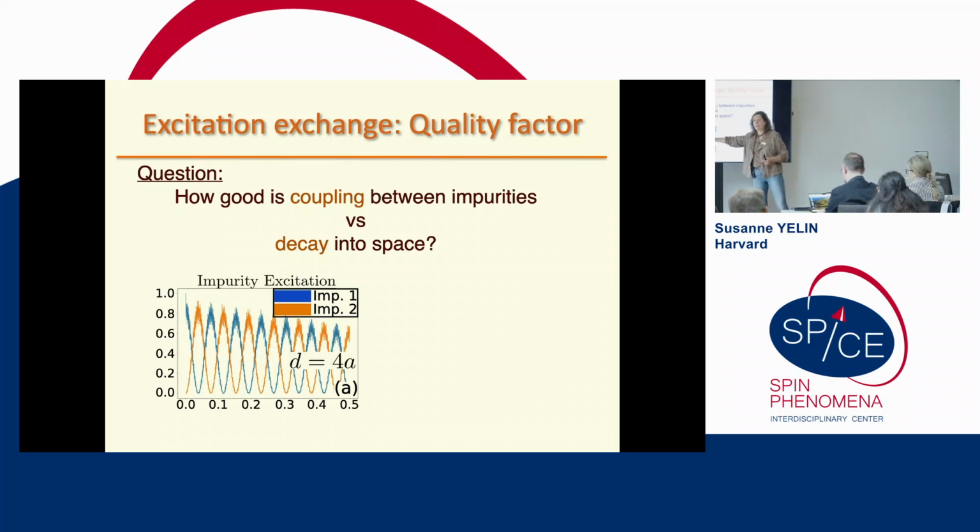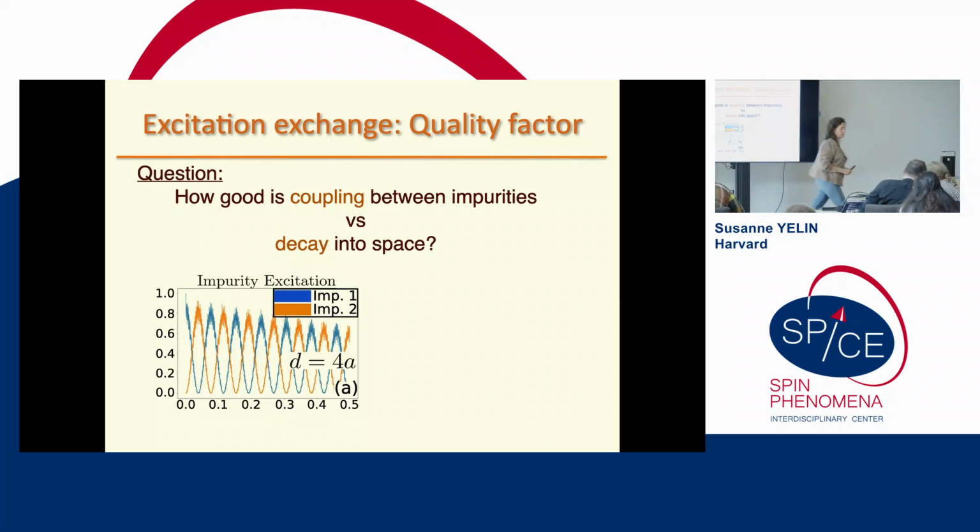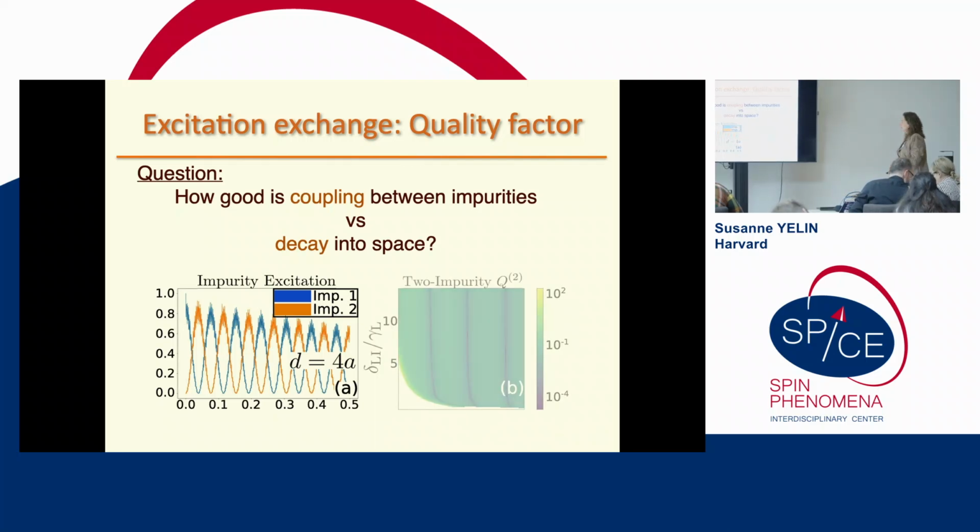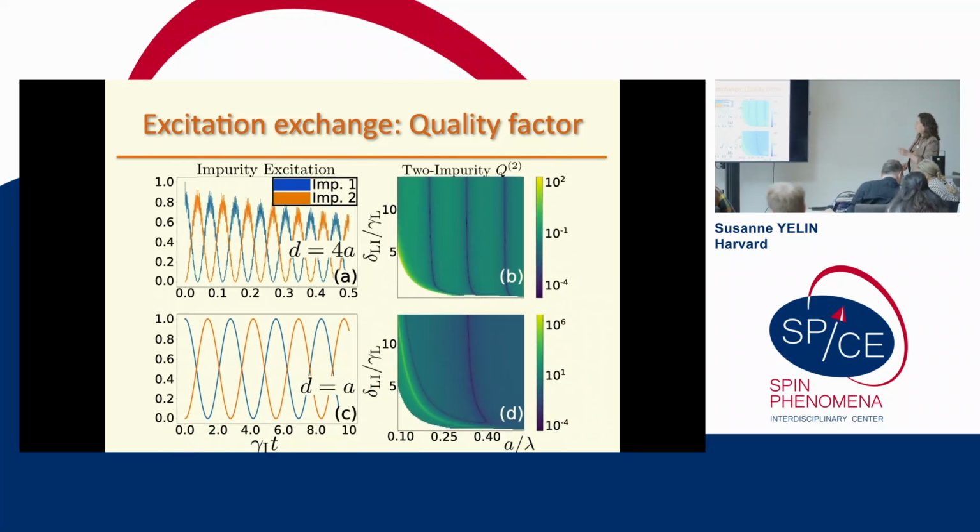It is not. It is the oscillation of the excitation. So that's impurity 1, impurity 2, and here I just plot the population on these impurities. This is in a certain parameter region, but I can choose a better parameter region in which we actually get very, very good oscillations with a very high quality factor.